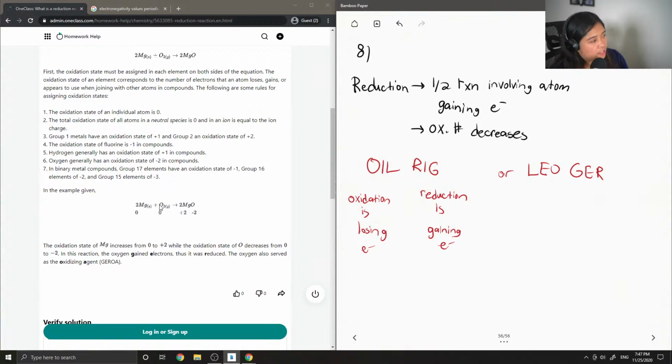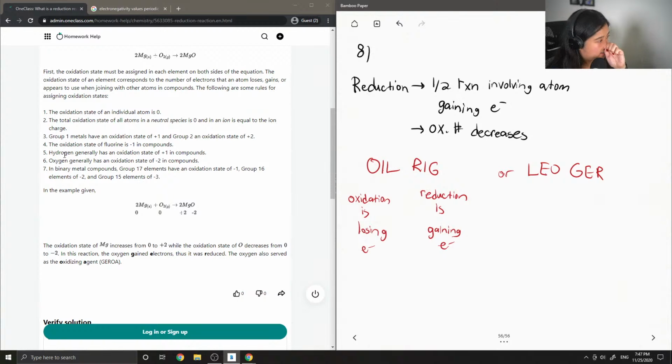Total oxidation state of all atoms in a neutral species is 0, and in an ion is equal to the ion charge. Group 1 metals have an oxidation state of +1. Group 2 metals have an oxidation state of +2. Oxidation state of fluorine is -1. Hydrogen generally has an oxidation state of +1. The exception is when it is paired with a metal, like sodium hydride, where it would have a -1 oxidation state.